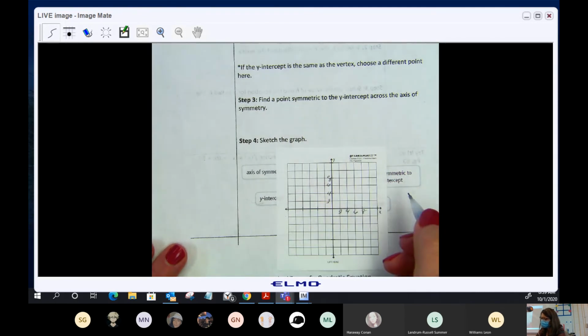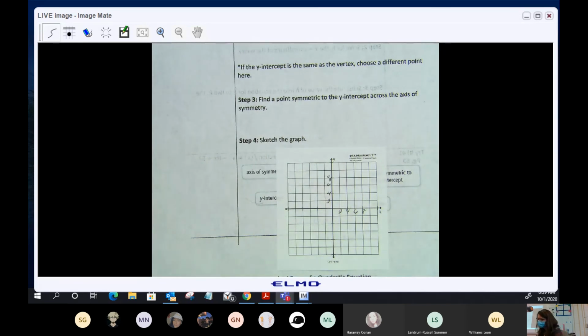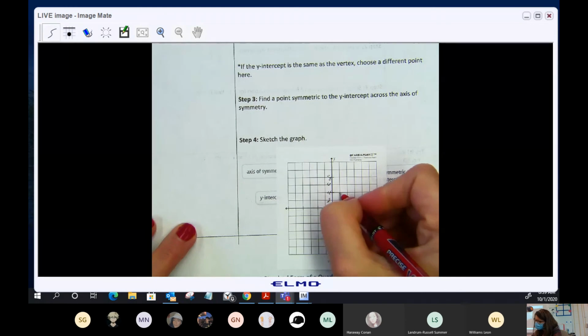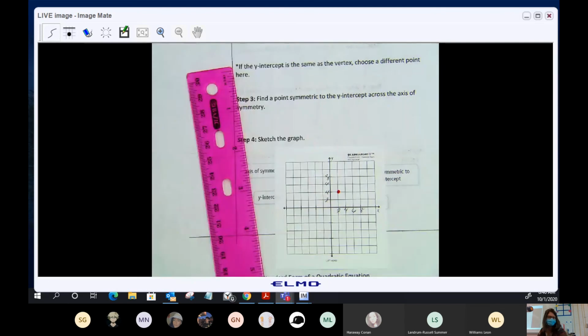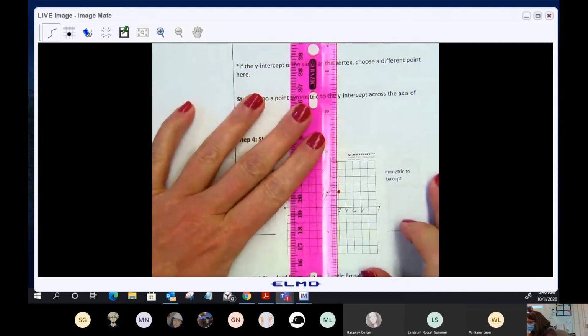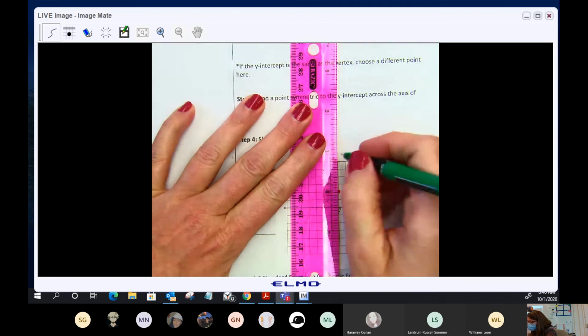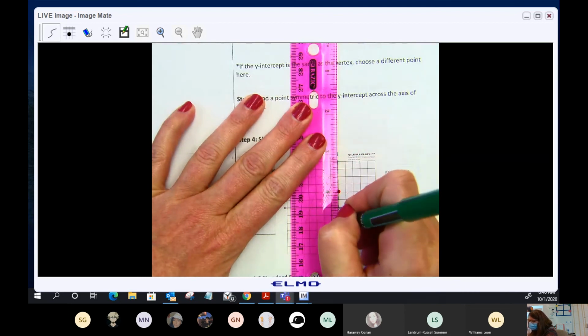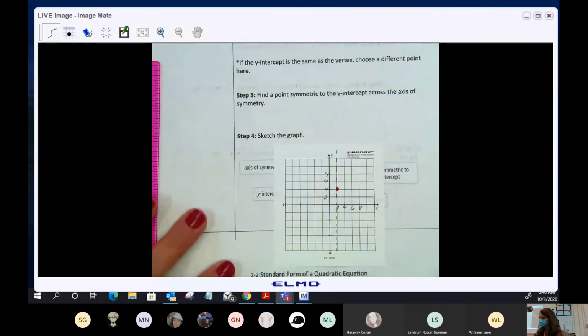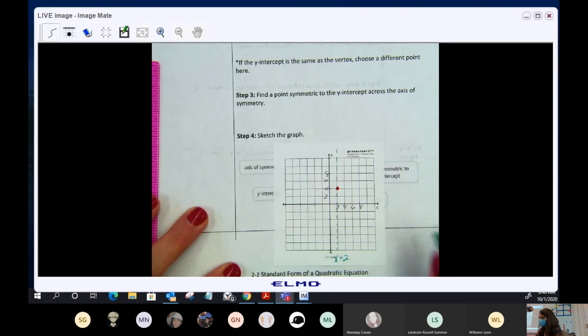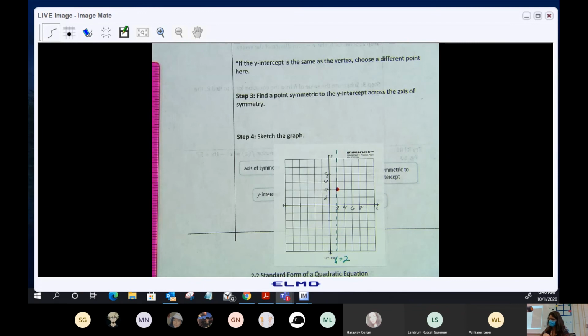Everything is going to be scaled by 2s. So my vertex is at 2, 4. Let me get a red pen. And don't forget your axis of symmetry. That's that invisible line that divides your parabola into 2 symmetric parts. So we'll say that that is x equals 2. Okay, so that's what I know so far.